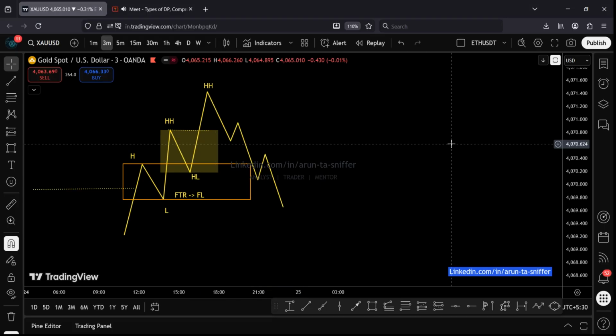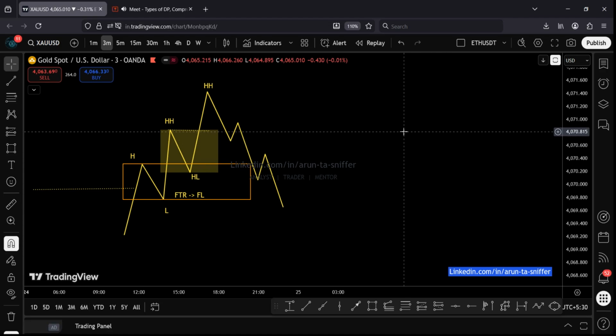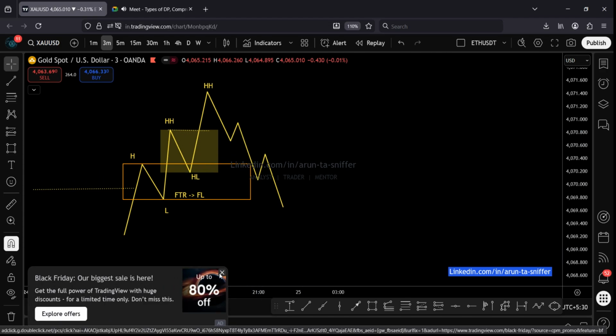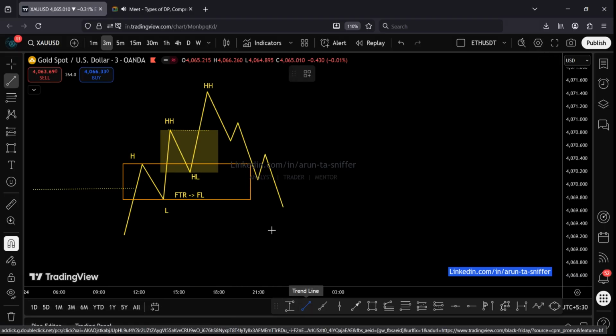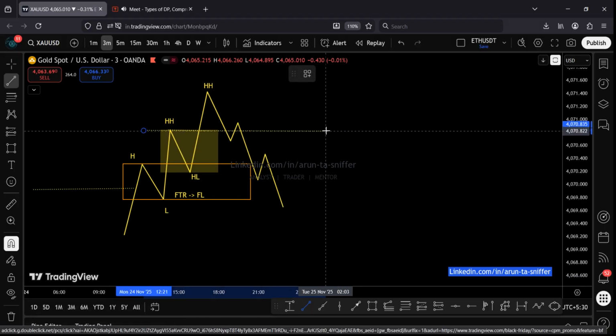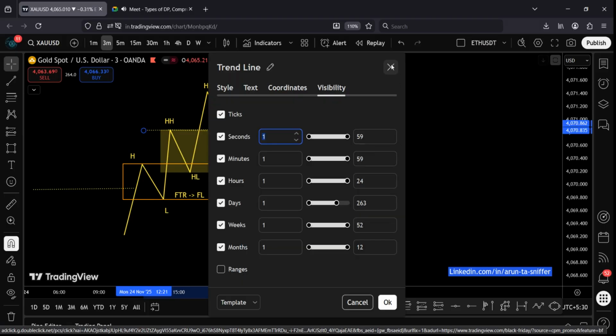So basically LSK is created at the flag's left shoulder, like this. This one is LSK.